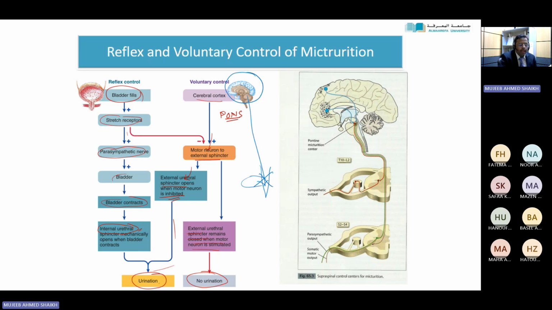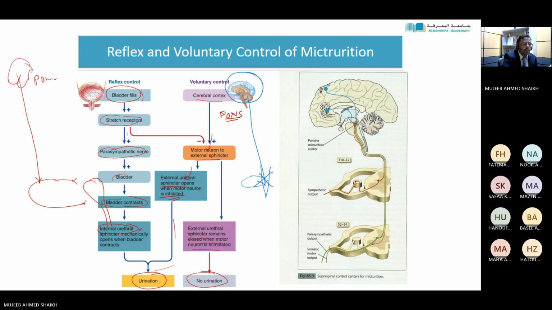Actually it can be done through the spinal cord reflex center, from here to the urinary bladder, but there are inhibitory signals coming from the higher centers like the cortex and the pons, which will control this reflex to stop or start. Okay.